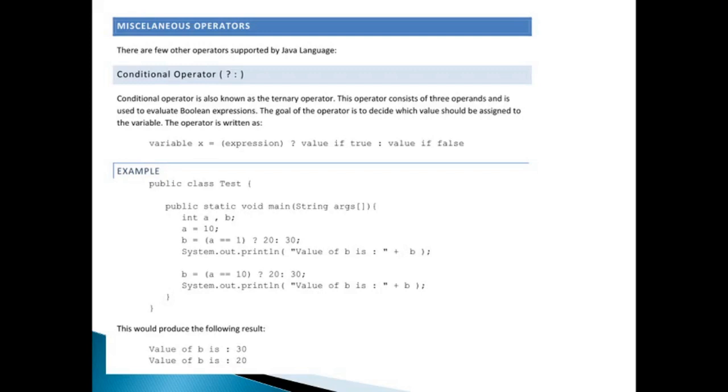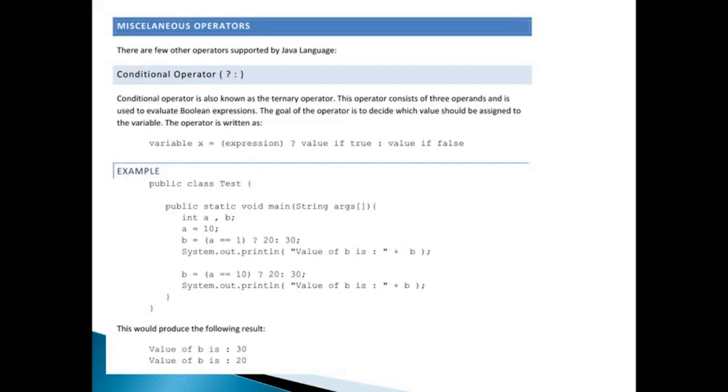Now what exactly is a conditional operator? This conditional operator is capable of getting a conditional expression evaluated through it. The conditional operator is also known as the ternary operator. This operator consists of 3 operands and is used to evaluate Boolean expressions.